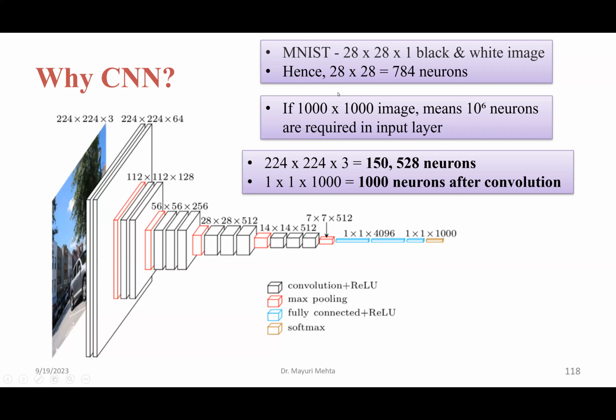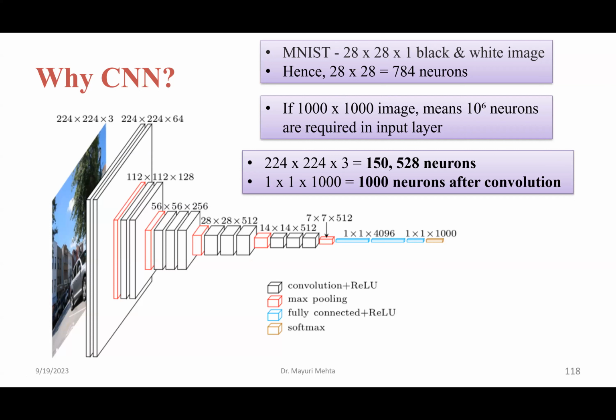Okay. Now, the total number of neurons in the input layer is 784, and this can be manageable because 784 is a small number compared to today's advanced neural networks. Now, what if the image size is say 1,000 cross 1,000?